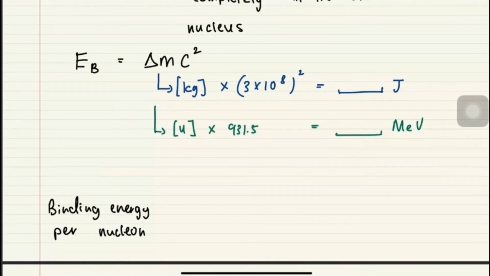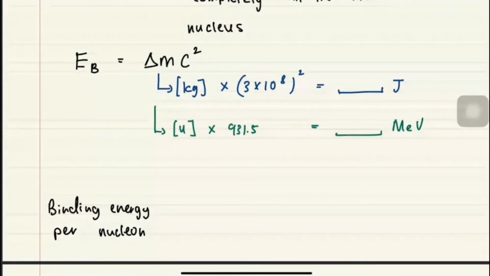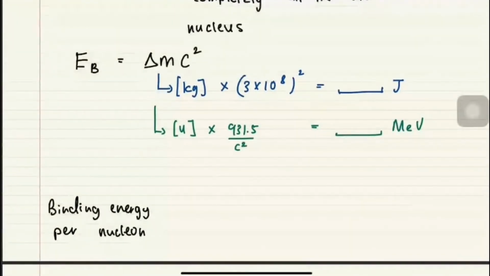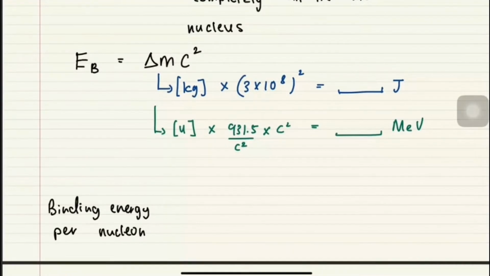Jadi unit dia adalah MeV, dia sebenarnya adalah 931.5 over C square. Darab dengan C square tadi, so dia cancel out yang C square ni. So you left with the unit of MeV. So cara ringkasnya, the values of delta M is in U, you just have to multiply with 931.5. Senang je. Okay.